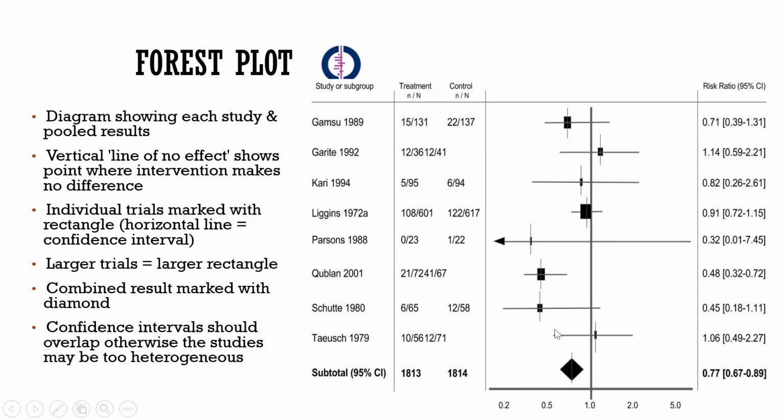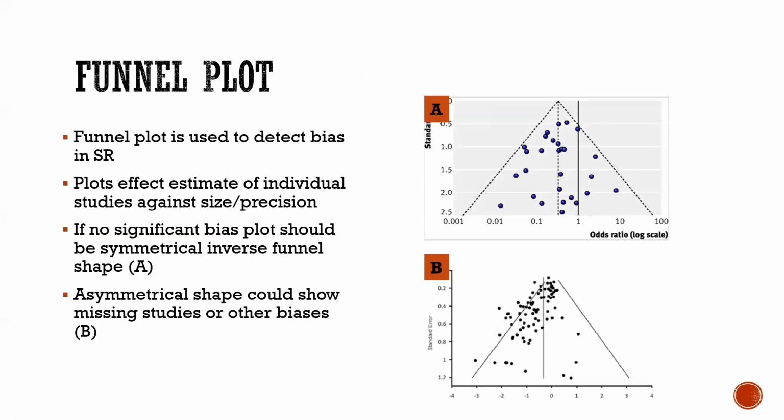In the end, when they did all of the complex statistical analysis, they came up with this big diamond at the end. You can see that it's statistically significant. The edges of the diamond are actually the confidence interval. Therefore, it's significant. Okay. So that's just a little bit about the forest plot so that when you read it, you know.